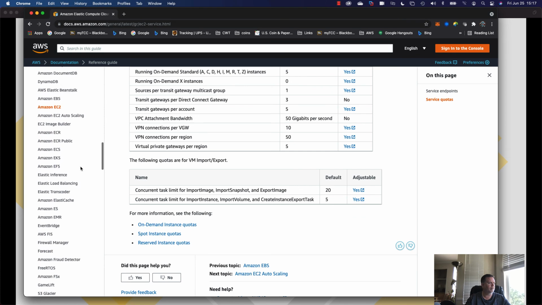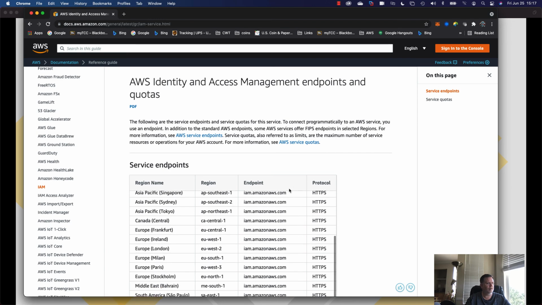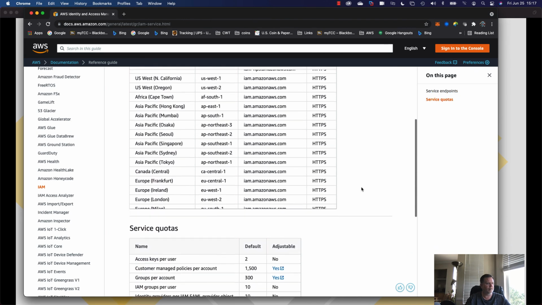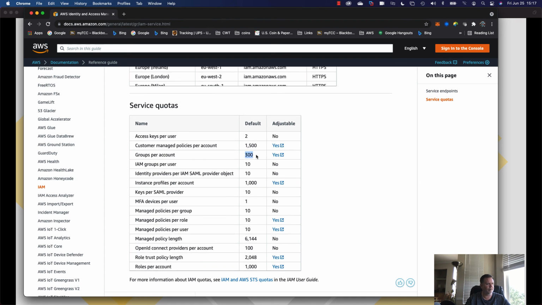Let's see if we can go to IAM. Identity access and management, IAM. That's where we deal with our security. So groups per account 300, access keys per user 2. MFA devices per user, a multi-factor authentication device, which I highly recommend you enable on any Amazon account that you have, and we'll go through that as well.